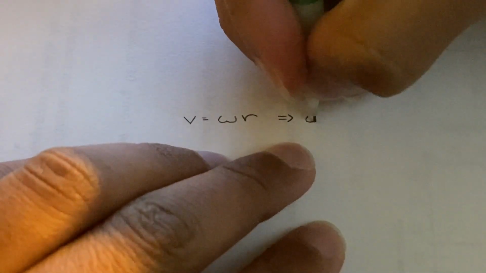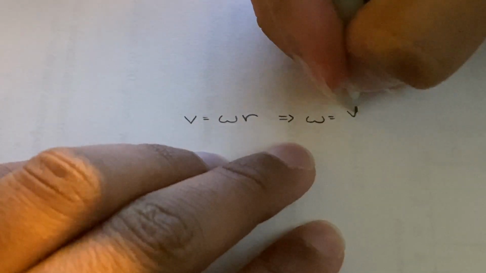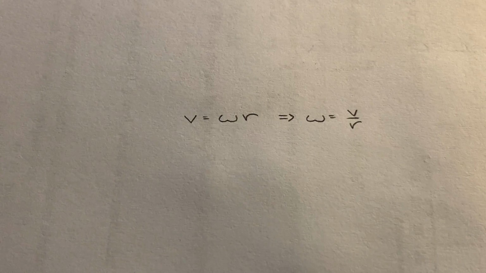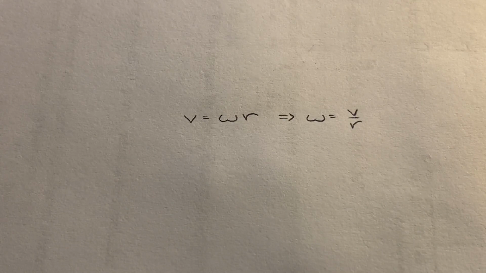If you solve for omega, you'll find that omega equals v over r. Now in this equation, if you were to decrease r, then you will see that omega increases as a result.